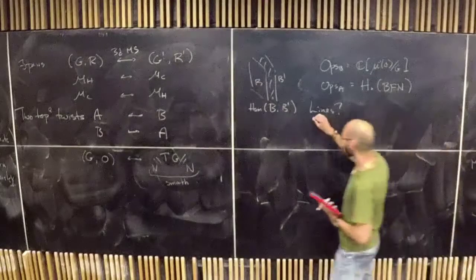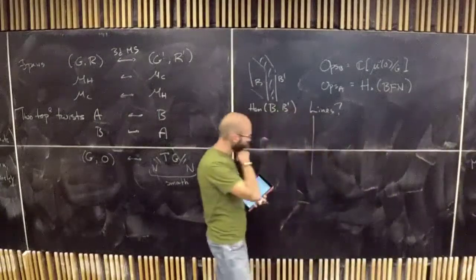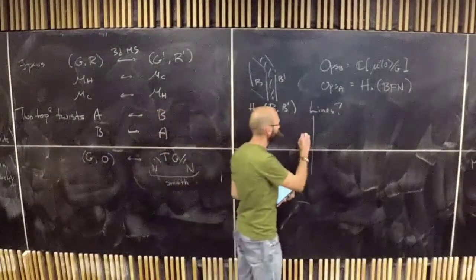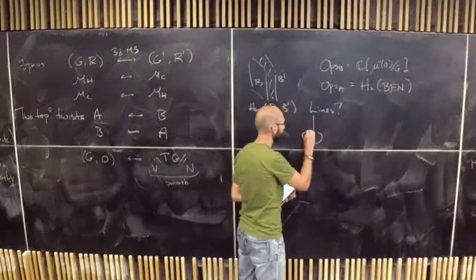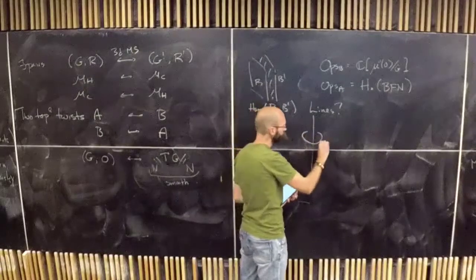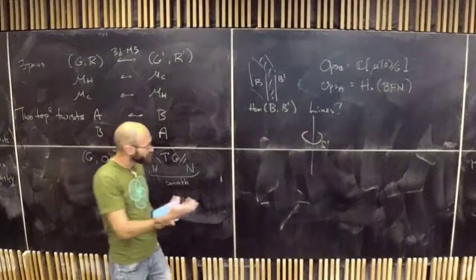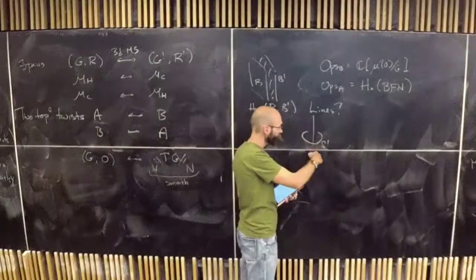As far as line operators go, the approach, no matter what one does, involves compactifying on a circle surrounding the line. In TQFT, you would literally say the category of lines is what the TQFT assigns to the circle.